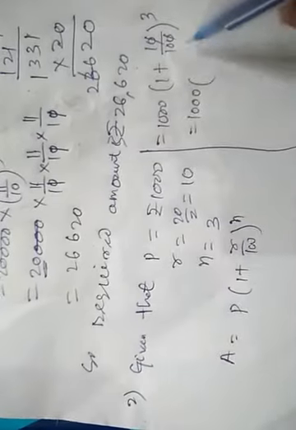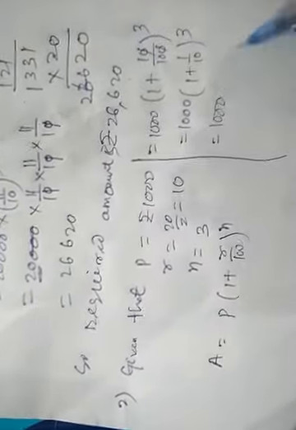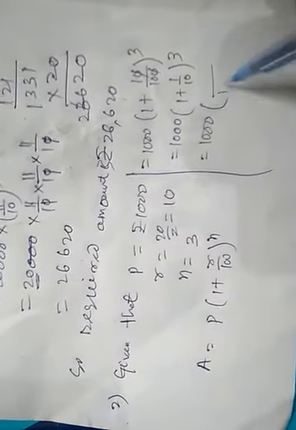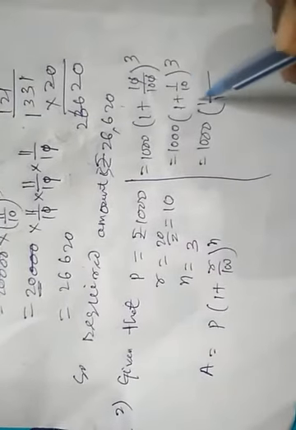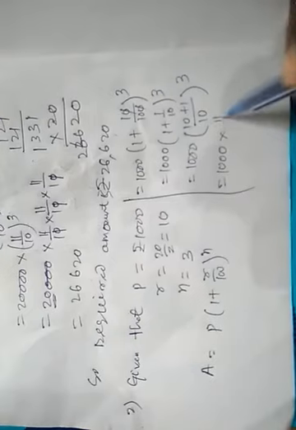So 1,000, 1 plus 1 by 10 whole cube. Then 1,000. What is the LCM here? 10. 10 into 1 is 10, plus 1, to the power 3. That means 1,000 into 11 by 10 whole cube.